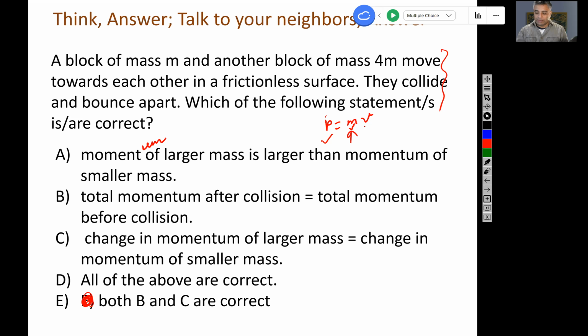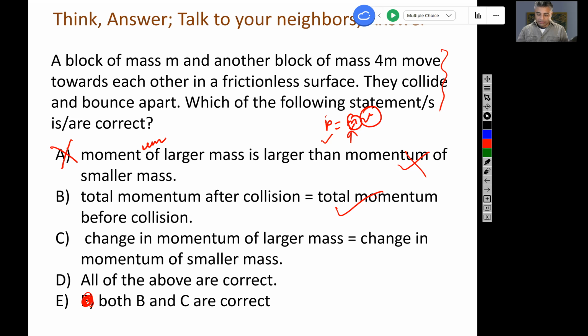You have to look at both. It could be correct if you knew the velocity, but since you don't, you cannot say for sure that it is correct. So this is not a correct statement.